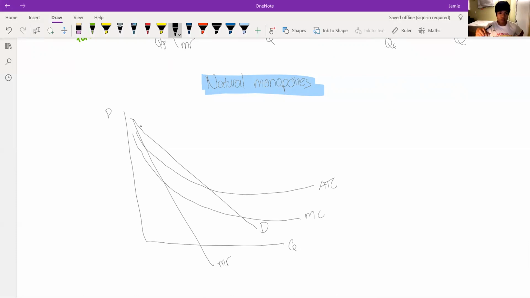Because these firms benefit from economies of scale. So natural monopolies benefit from economies of scale because their fixed costs, their capital requirements to operate in that market, are so high, they would benefit from producing more units, which would drive down their cost in the long run.